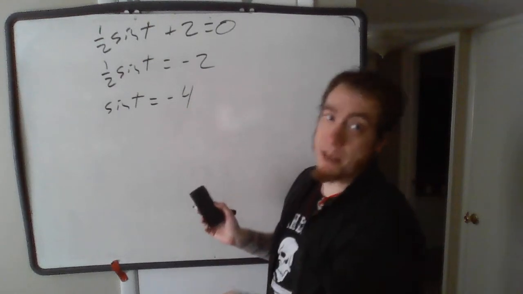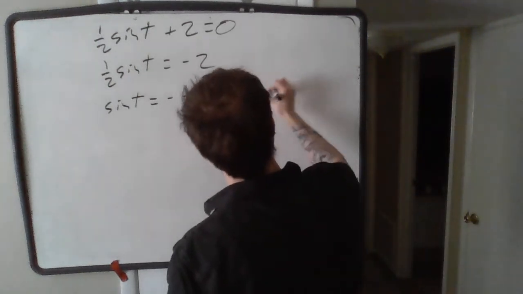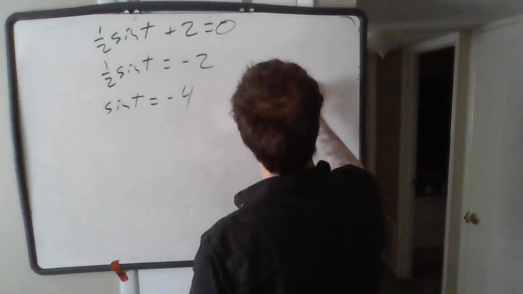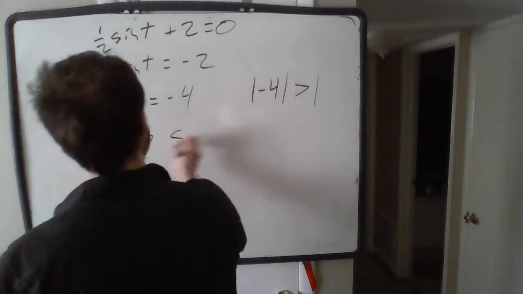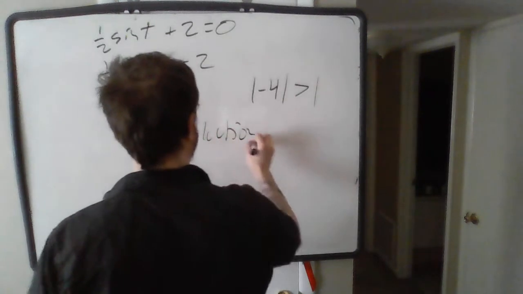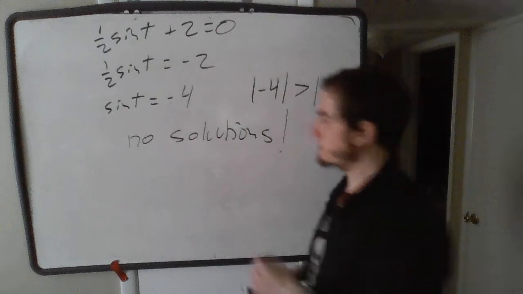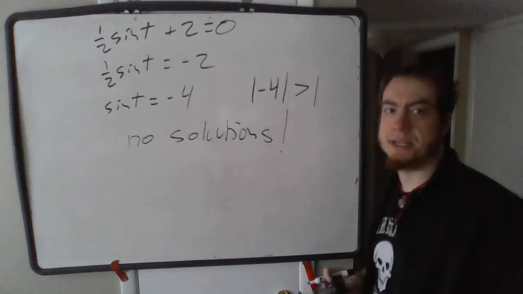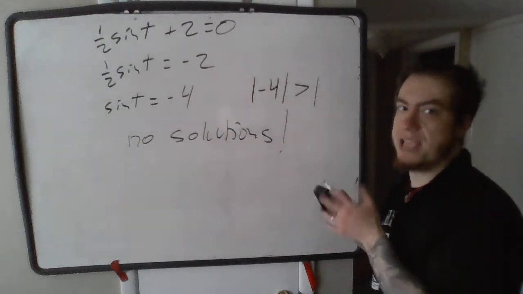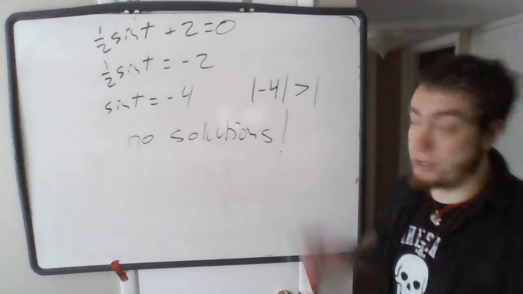The problem is that the absolute value of -4 is bigger than 1. That means this actually has no solutions. So like I said, you may have found that and thought it seems too easy. But that is actually the answer to a lot of these problems: there are no solutions. That's all there is to it.